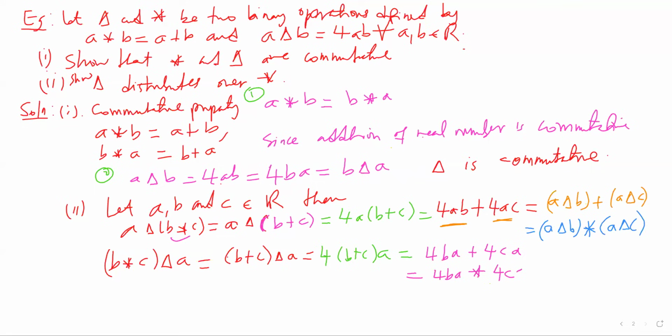But we know what this 4BA means. It means B delta A, and 4CA means C delta A. And so we can say that delta distributes over star.